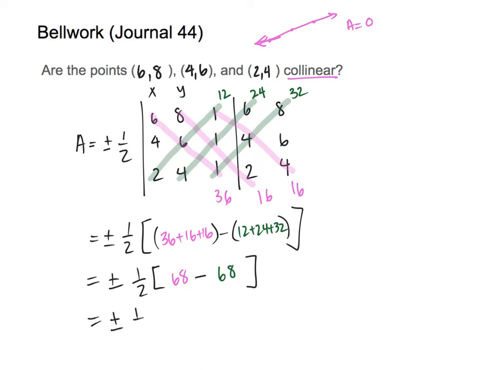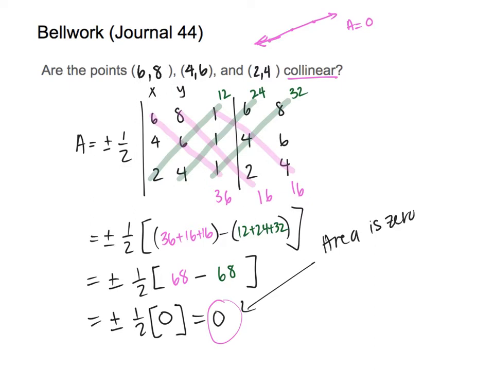So I'll bring everything down, but the bracket inside is going to be 0. And I would multiply this 0 by the number in front, and it would still be 0. So 100% sure this is definitely going to give me a 0, so the area is 0. So if the area is 0, that means that, yes, the points are collinear.